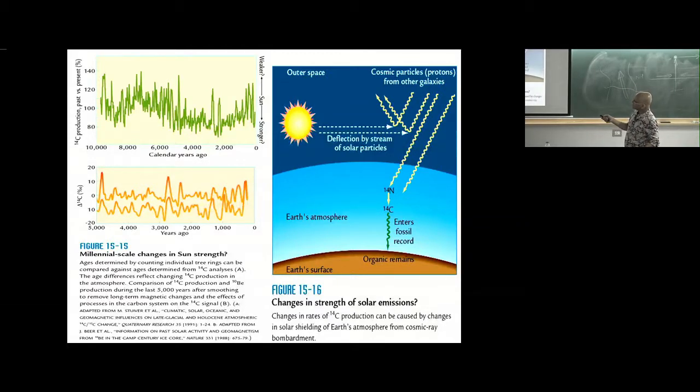But actually it turns out that C14 production also has some variability because sun strength itself is not constant, sunspots and other things. So there is the estimated C14 production change. So weaker sun, stronger sun, the C14 changes.